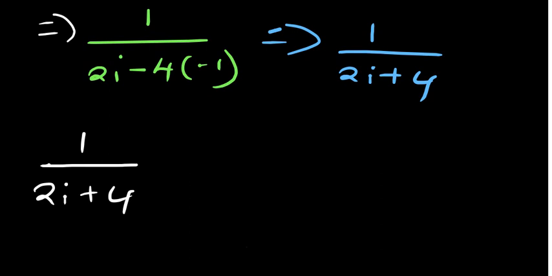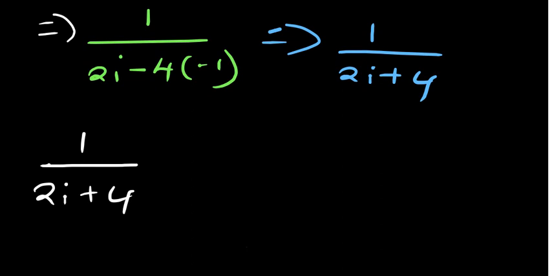Eunice, what are we going to do? We are going to write 2i plus 4. We want you to use the ways that I've taught you. We are going to multiply the numerator and the denominator by the conjugate.